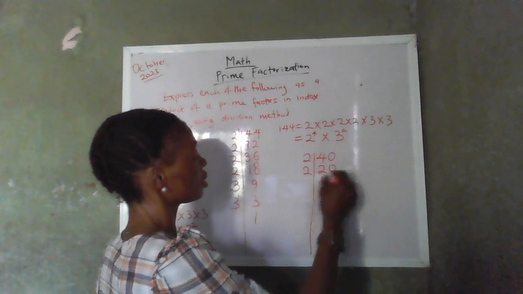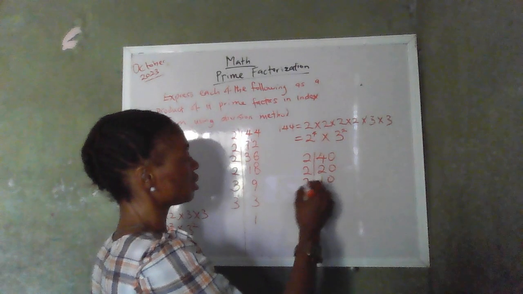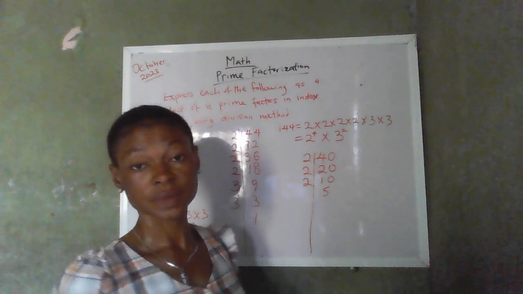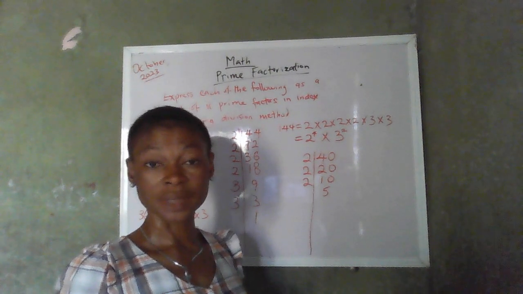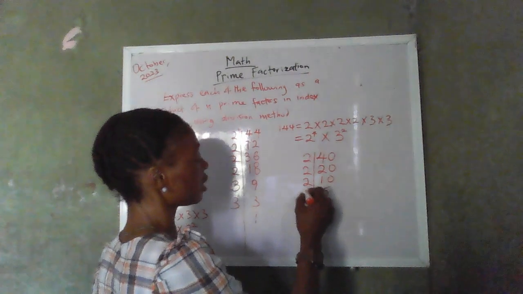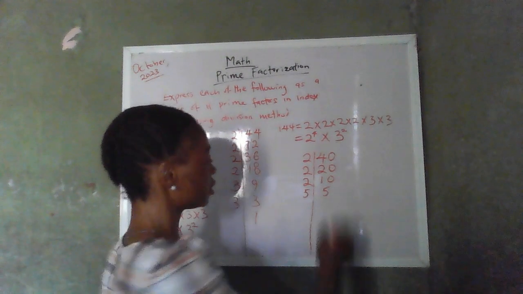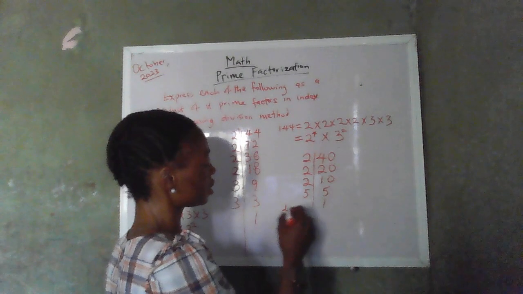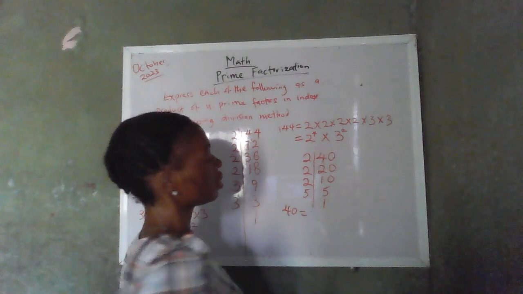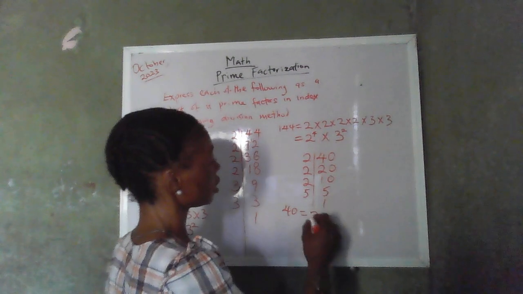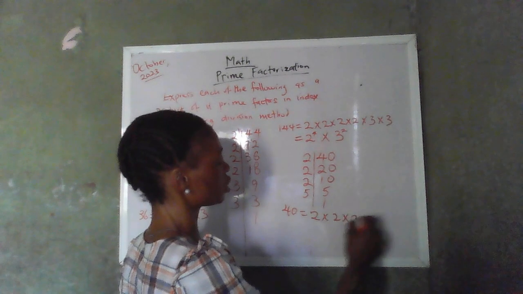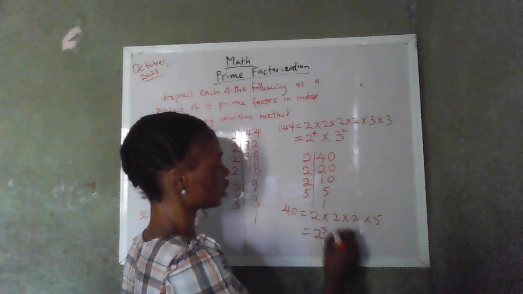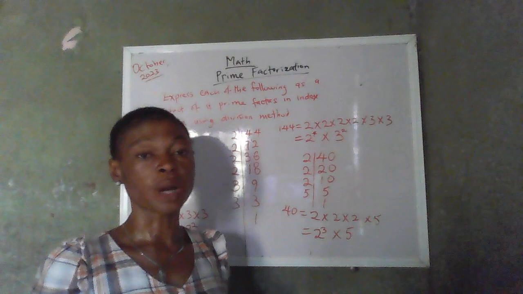We have 10. 10 is still divisible by 2, 5 times. And then now 5 is divisible by 5 just once. Therefore, expressing 440 as a product of its prime factors in index form, we have 2 multiplied by 2 multiplied by 2 multiplied by 5, which is equal to 2 raised to the power 3 multiplied by 5 raised to the power of 1.